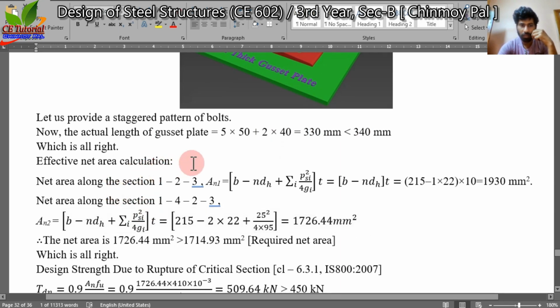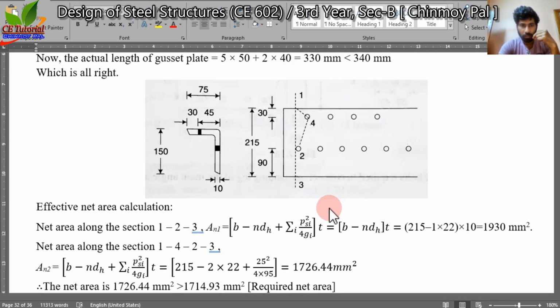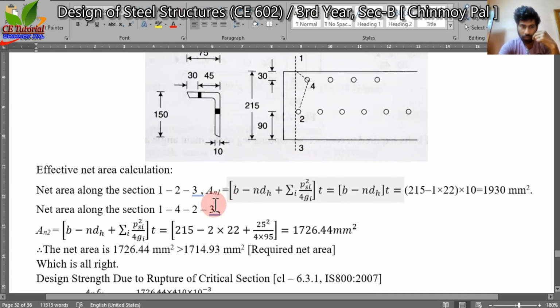Now you have to calculate the required sectional area of the lug angle. To do this, first of all, we have to calculate how much force it will carry. Now to calculate net area, we are considering two paths. One is 1, 2, 3 and the other is 1, 4, 2, 3. So you can calculate the net sectional area.